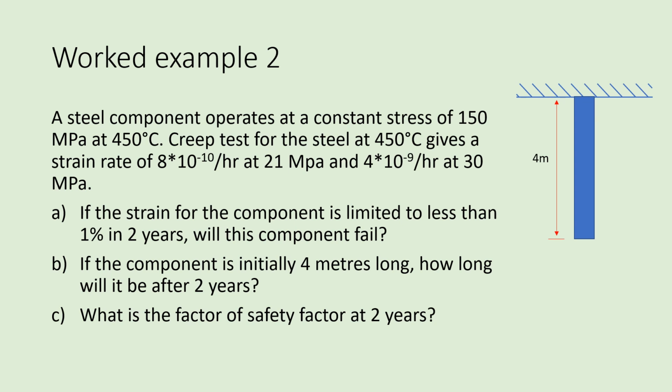So in this example, we are going to be looking at applying these equations that we've learned. A steel component operates at a constant stress of 150 megapascals at 450 degrees Celsius.